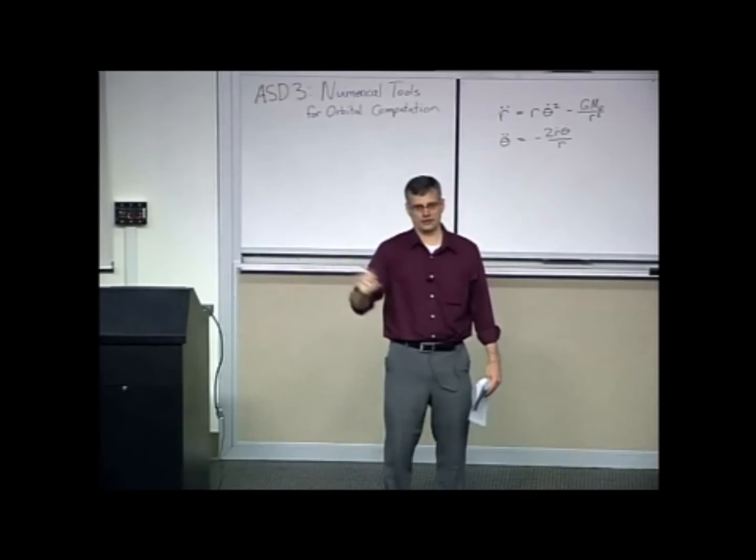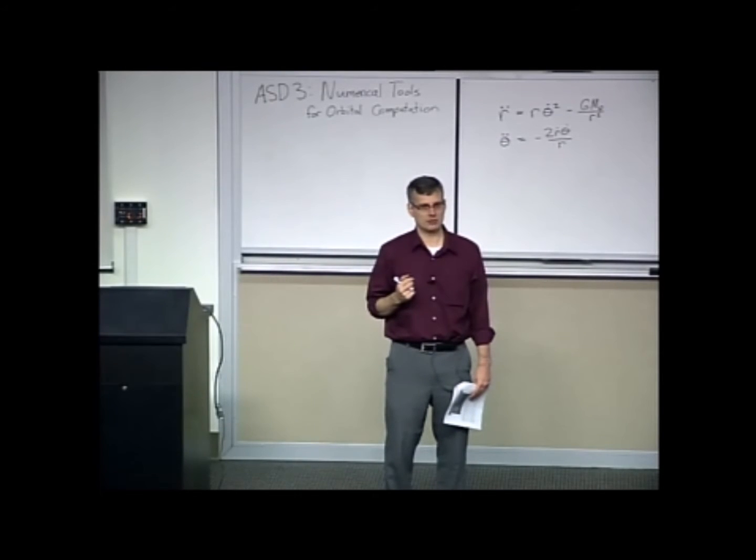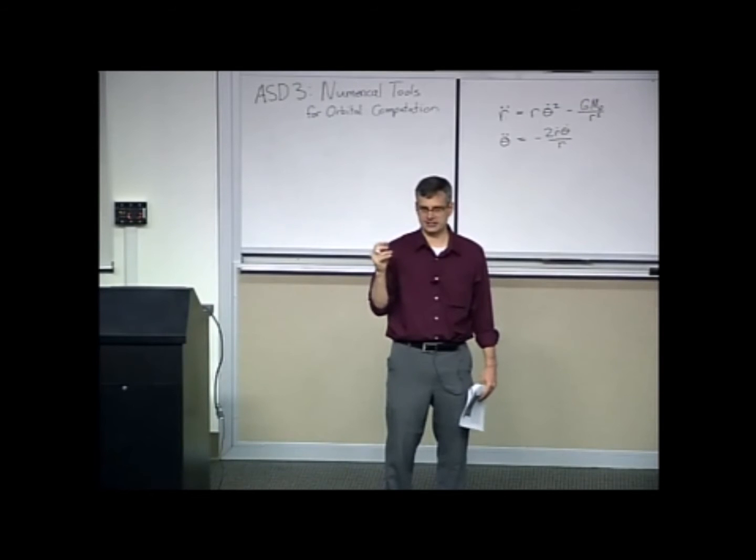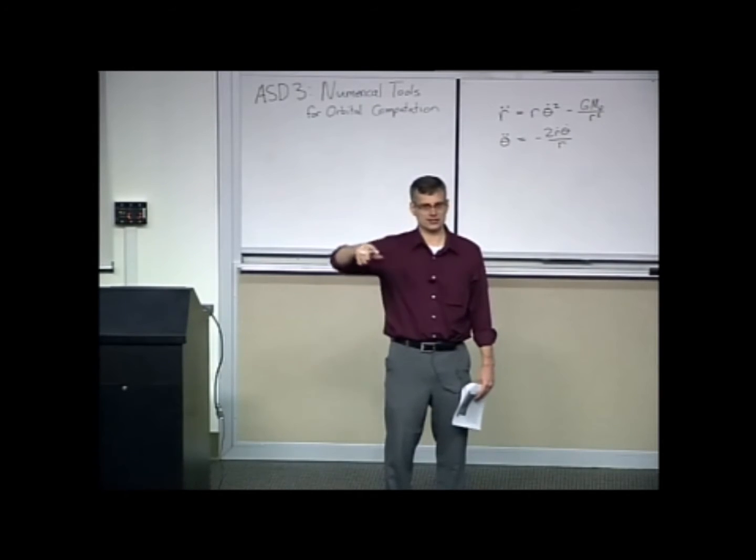What is the order of these differential equations? Remember that from your calculus class, the order? Well, if I take the derivative once, it's a first order equation. If I take a derivative twice, it's second order. So this is really two coupled second order differential equations. Okay, so then, hopefully you recall when you took calculus that if you uniquely define some initial conditions, you can then figure out the solution.